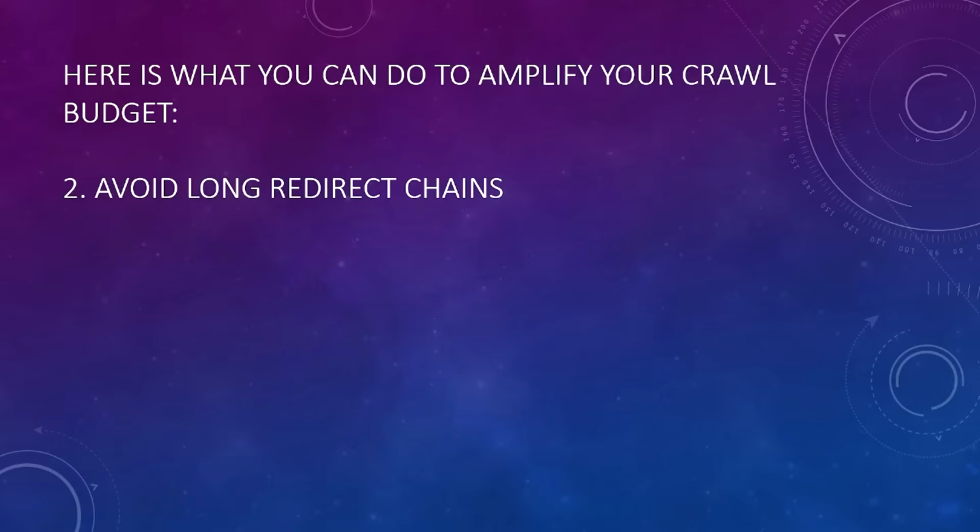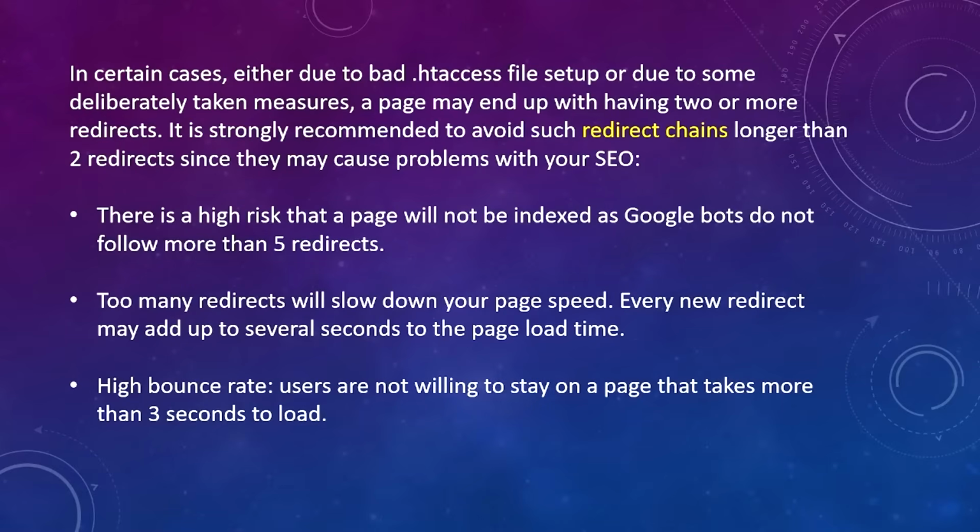So it's strongly recommended to avoid redirect chains longer than 2 redirects, since they may be the reason for multiple issues. There's a high risk that a page will not be indexed as Google bots do not follow more than 5 redirects.